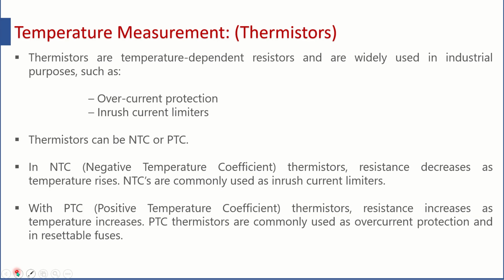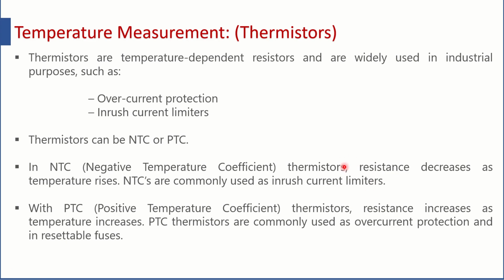Now in the other case, you can use a PTC, where when the temperature increases, the resistance also increases. When the resistance increases, then your current is not allowed to pass, so your device is saved from overcurrent. So you can see these are two opposite applications.